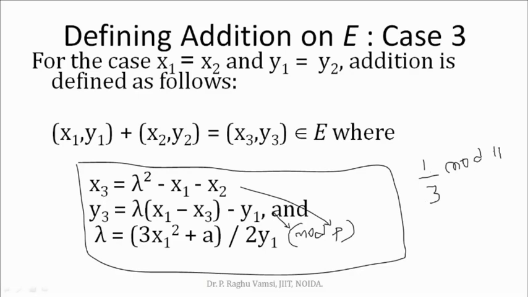The modulo operation is done on plain integers, like maybe 3 or 1 or something. But if it is 1 by 3, how to do it? You are supposed to bring it to the form 3 inverse mod 11. So this will become the inverse modulo.